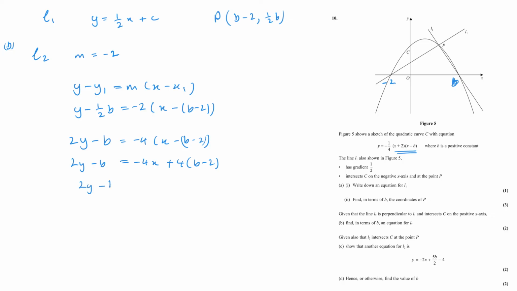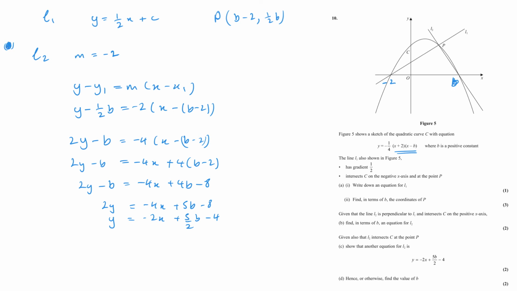So 2y minus b equals minus 4x plus 4b minus 8. So it's 2y equals minus 4x plus 5b minus 8, or y equals minus 2x plus 5 over 2 b minus 4. I've actually done part C.